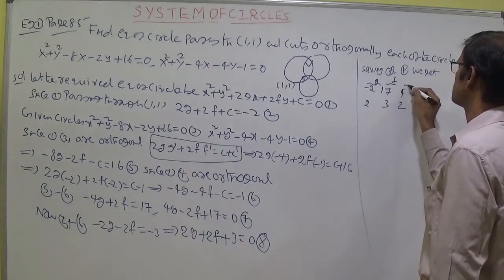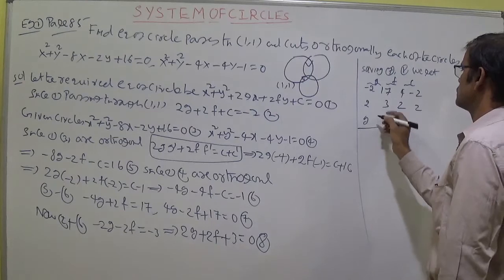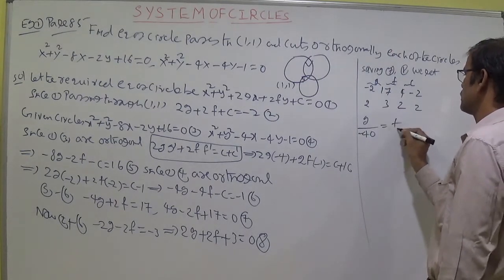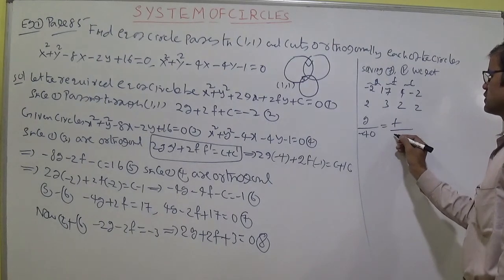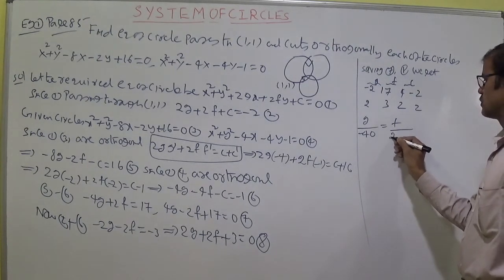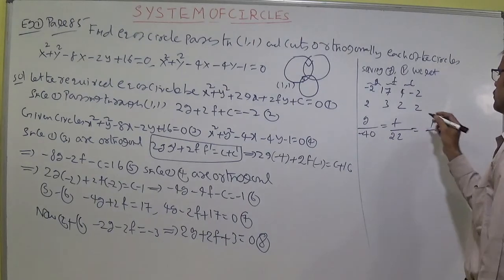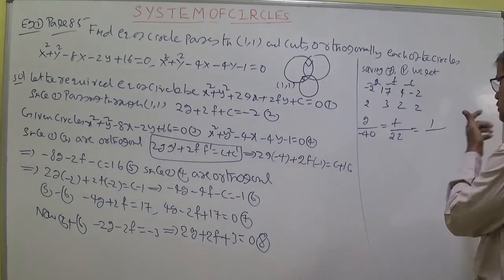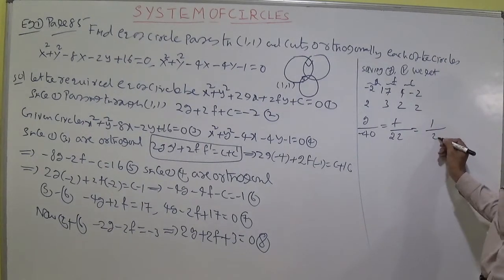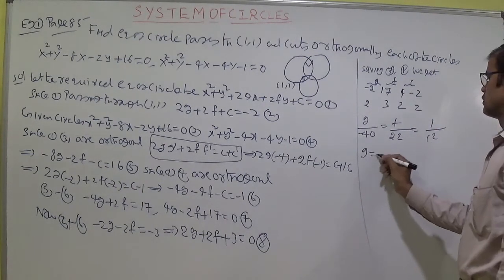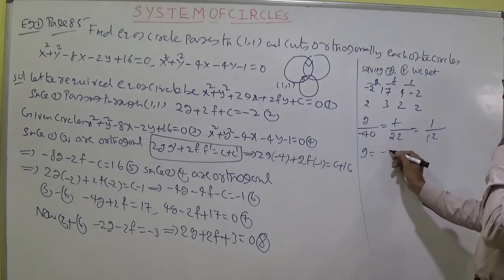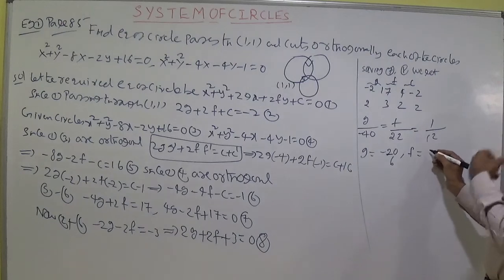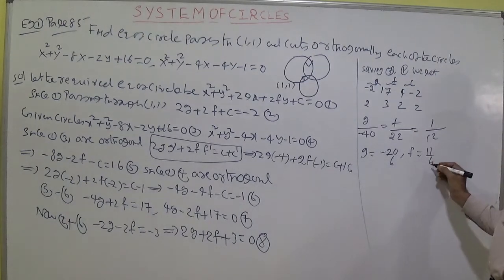This is for g, this is for f, this is for 1. g by minus 6 minus 34 equals minus 40, f by 34 minus 12, 22, 1 by 8 plus 4, 12. So g is equal to minus 40 by 12, so minus 20 by 6. f is equal to 22 by 12, 11 by 6.